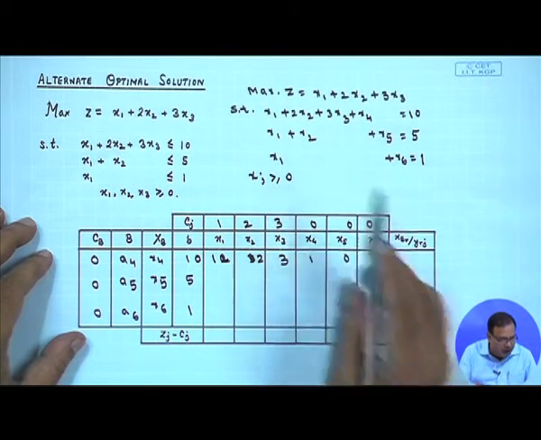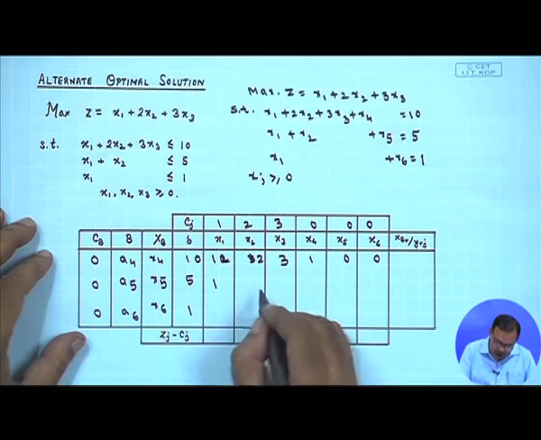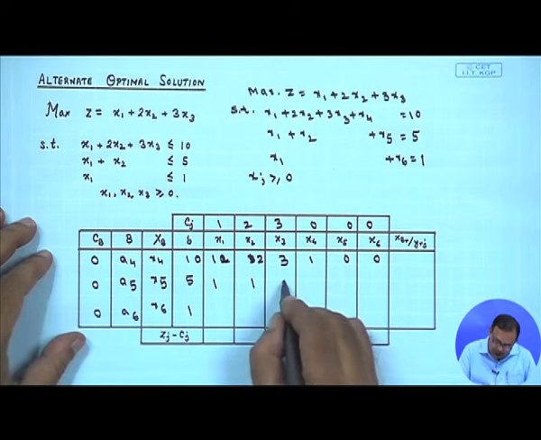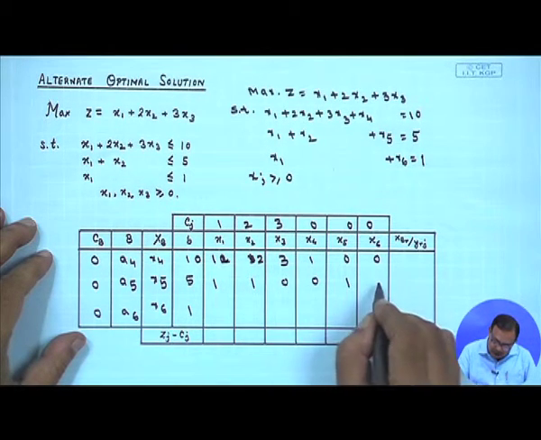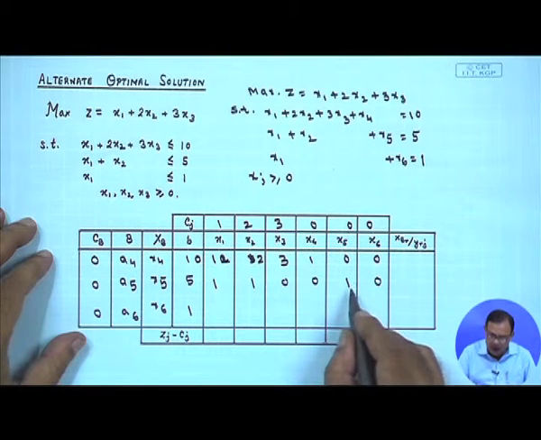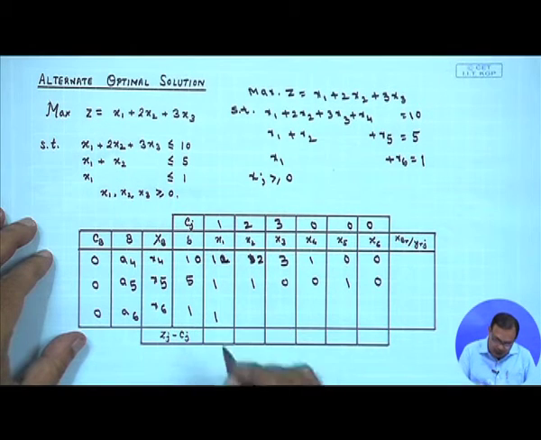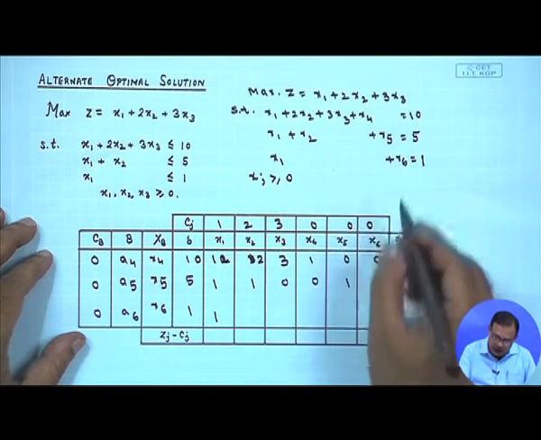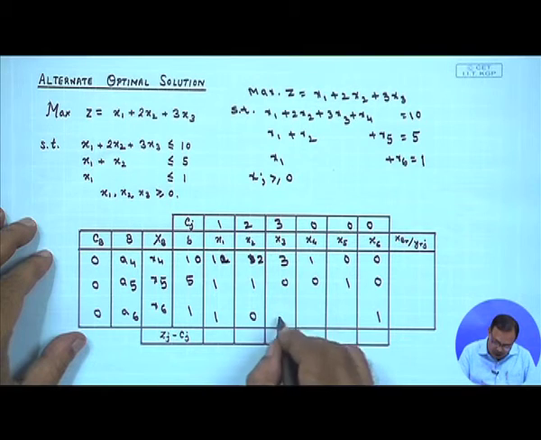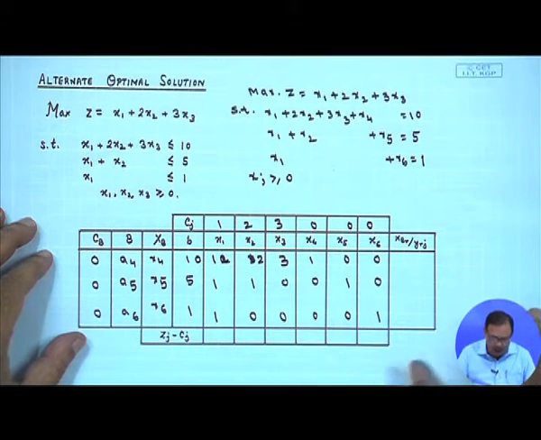For the second row, x1 and x2 are 1, x3 and x4 are 0, x5 is 1 and x6 is 0. Whereas for the last row, the x1 and x6 coefficients are 1, and all others are zeros.